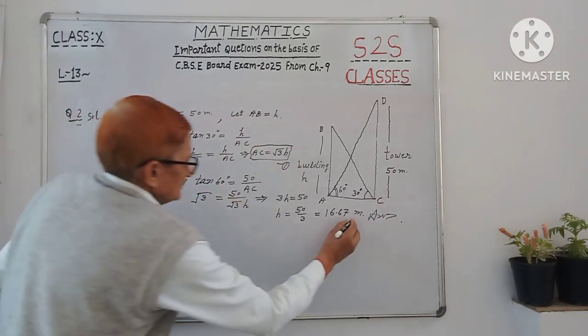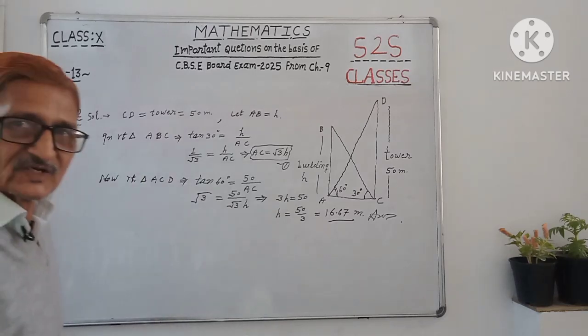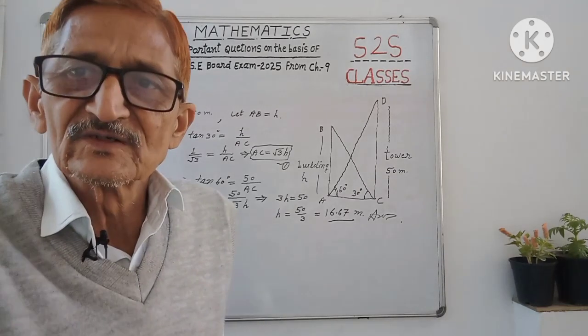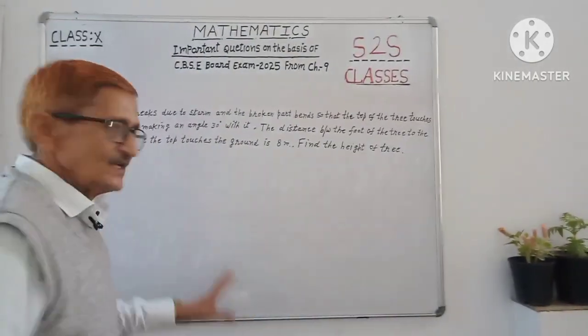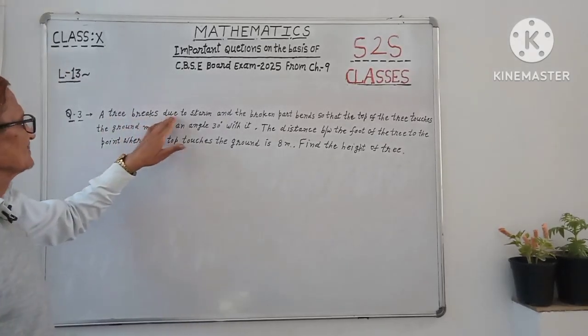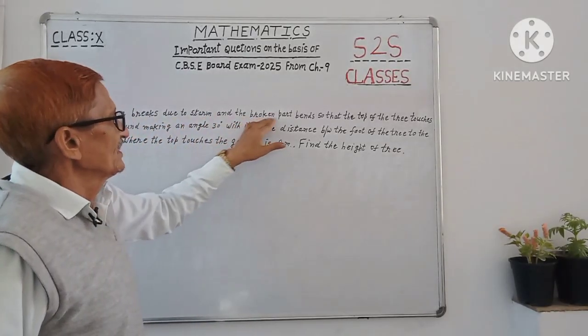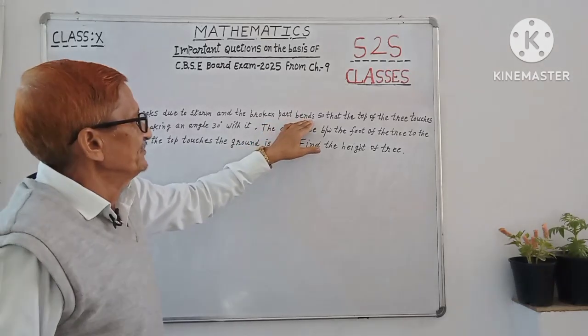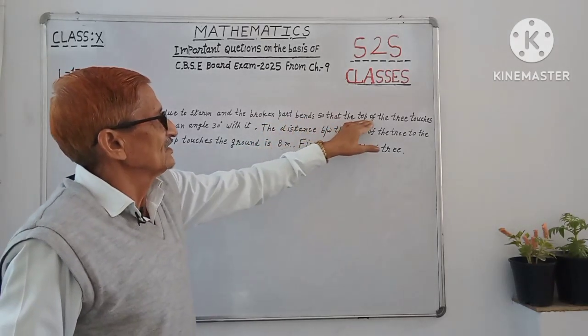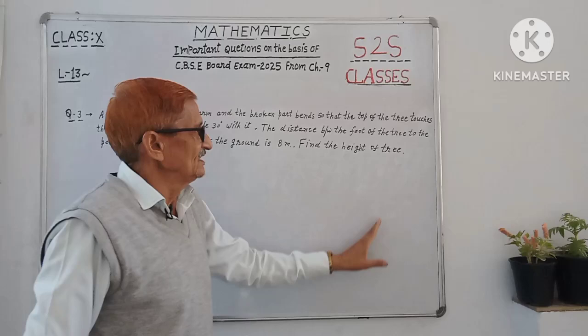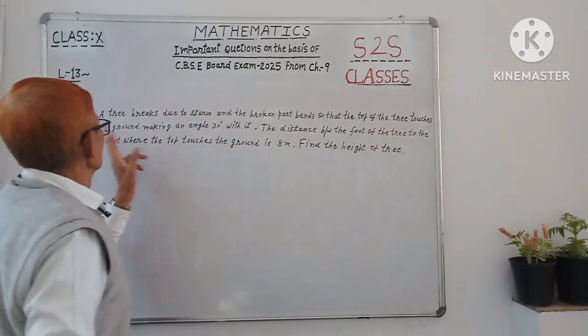Okay, so like this you can do according to the question. Okay, one more question next. Yes, the next question is: a tree breaks due to a storm and the broken part bends so that the top of the tree touches the ground.